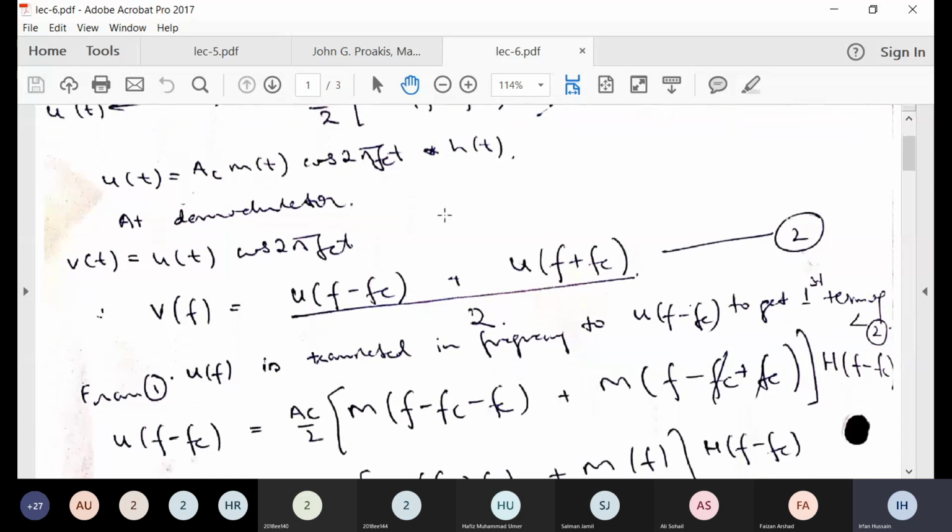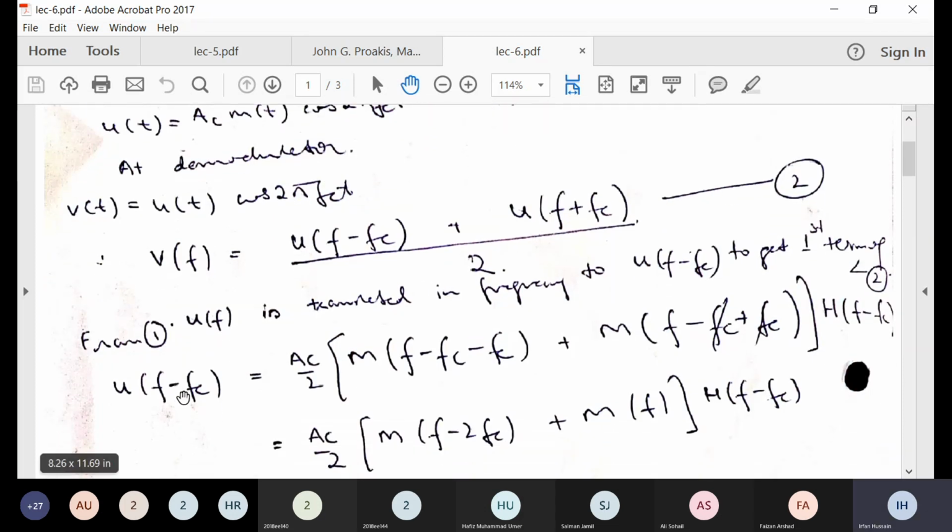At the demodulator, we saw that this u(t) is again multiplied with a local cosine generator. So the frequency response of this v(t), which is the output of the product of the vestigial sideband signal with the local oscillator, will be U(f minus fc) plus U(f plus fc), over 2, 1 over 2 because of this cos.